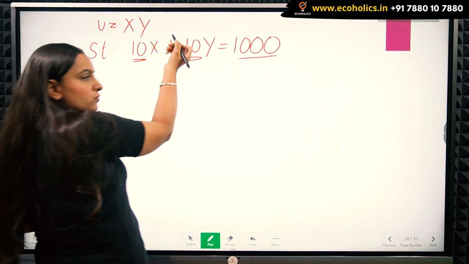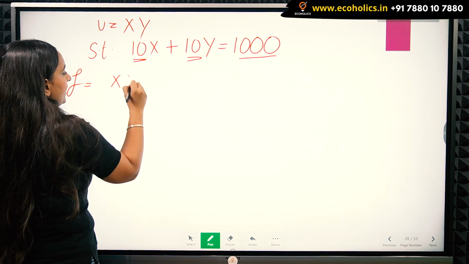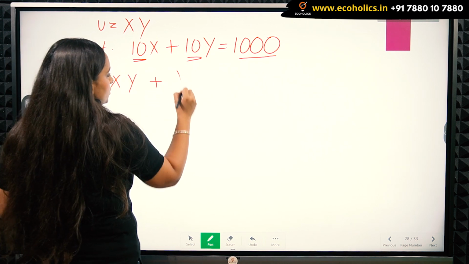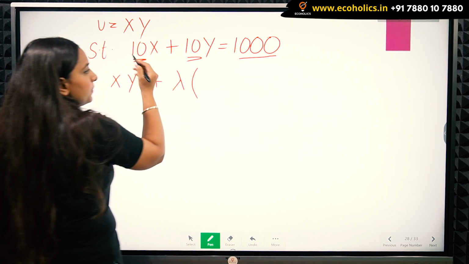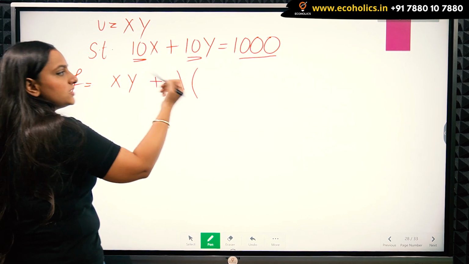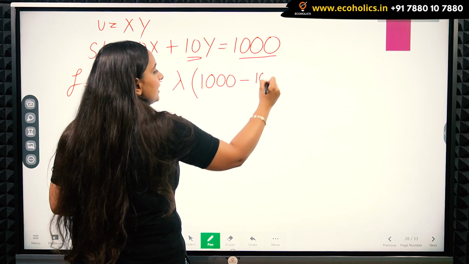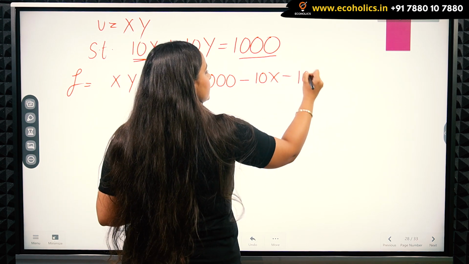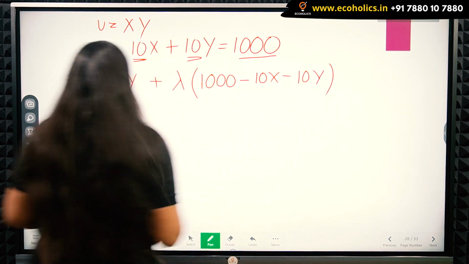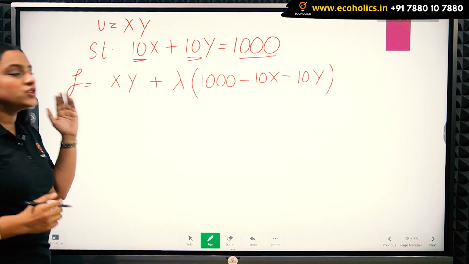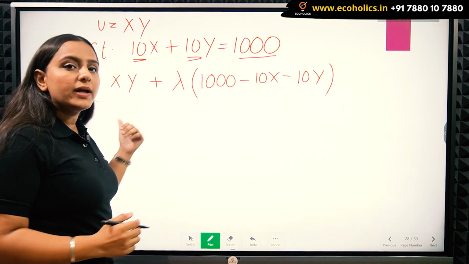Lagrange is like this. You put the function which you want to maximize, xy, plus the Lagrange multiplier lambda, and in the bracket you write the budget constraint: 1000 minus 10x minus 10y. Now I will first differentiate this Lagrange with respect to x.